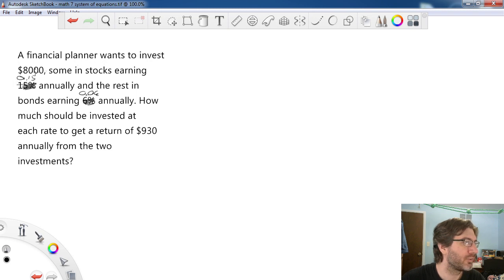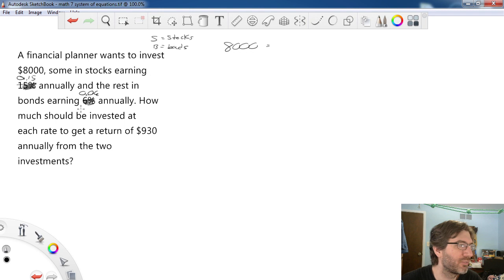So a financial planner wants to invest $8,000. So we have $8,000 is going to be the total of all his stocks. So it equals the amount that he buys in, I forget what we called them yesterday, because they are stocks versus bonds. So I could call, I'll use S for the stocks and B for the bonds.